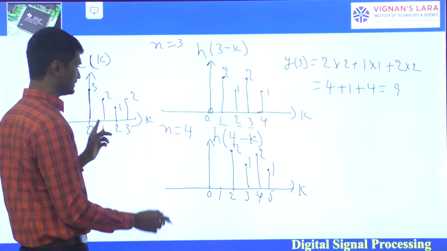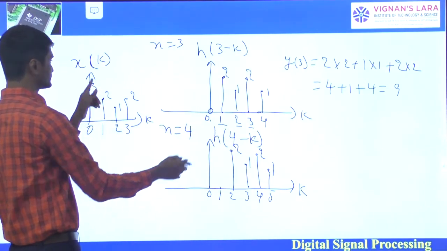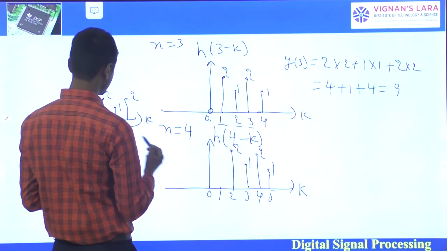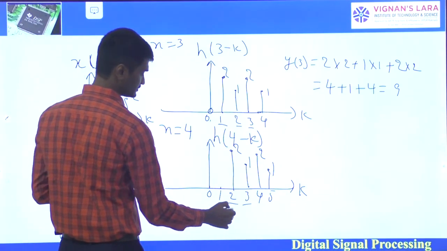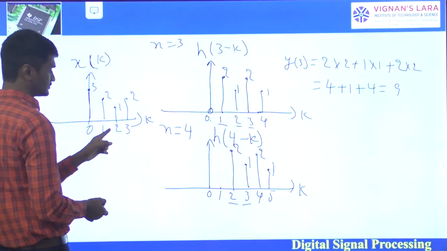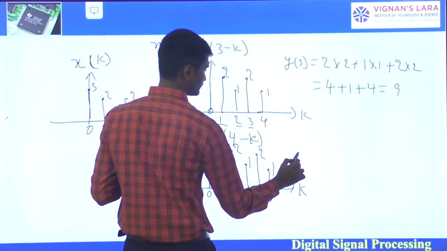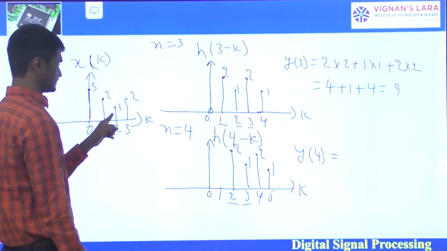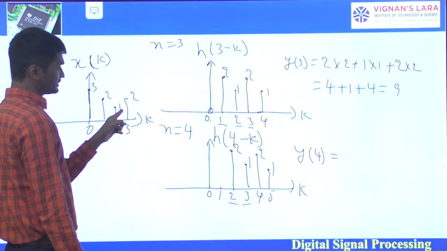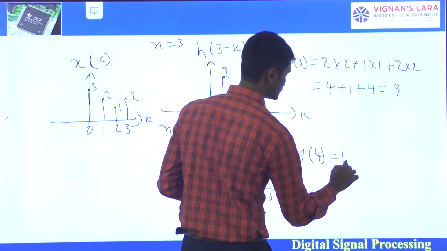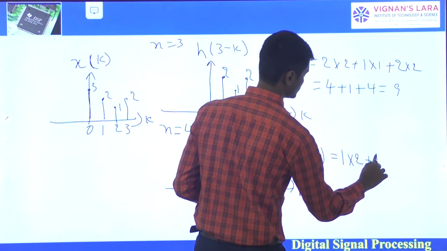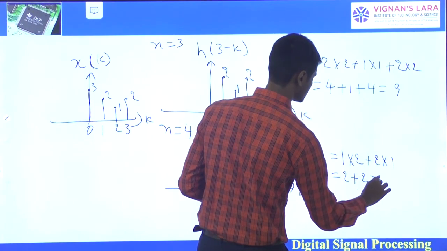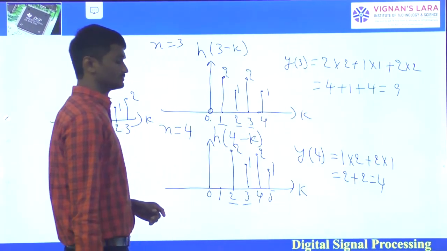So multiply h of 4 minus k with x of k. Here the samples are 2 3, and the remaining are all zeros. So y of 4 is equal to 1 into 2 plus 2 into 1, that is 2 plus 2 equals 4.